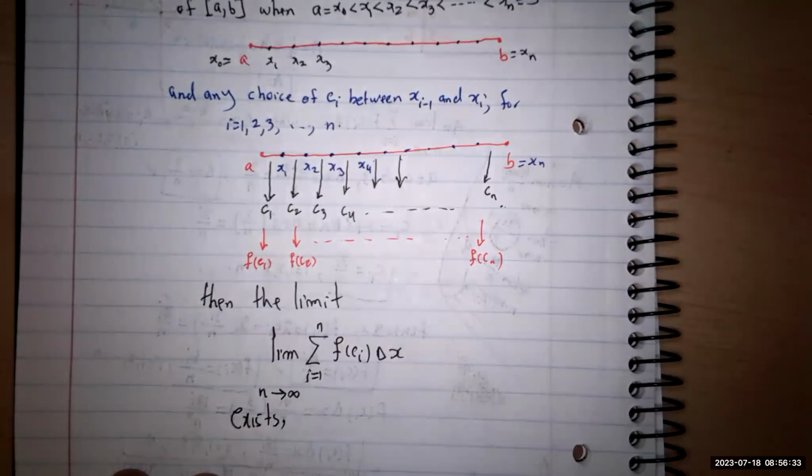So for any partition between a and b, any ci, if you find this limit happens to be the same all the time, then we say this function is integrable.